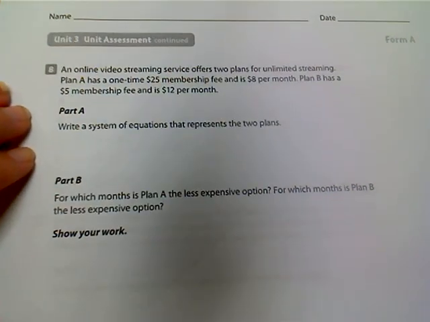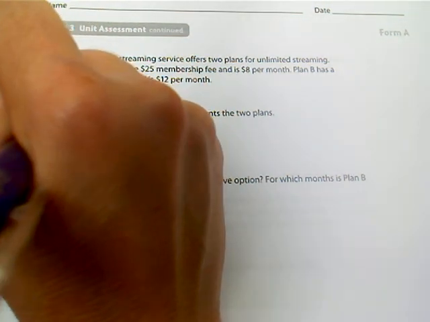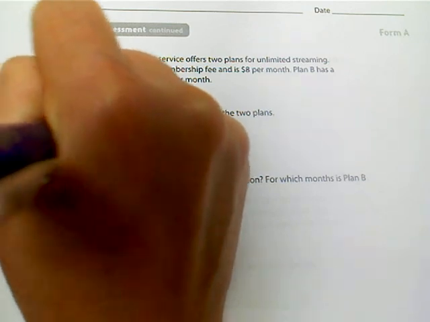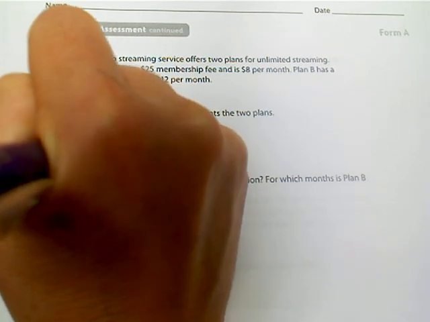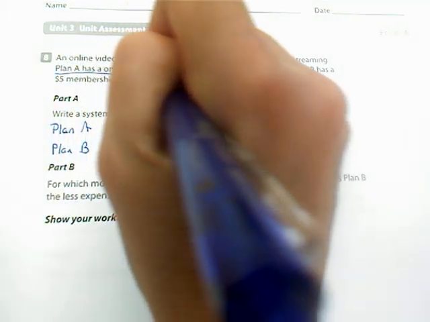An online video streaming service offers 2 plans for unlimited streaming. Plan A has a one-time $25 membership fee and is $8 per month. Plan B has a $5 membership fee and $12 per month. All right, so you need to write a system. We got Plan A and we got Plan B. Plan A, it says it has a one-time membership fee of $25.